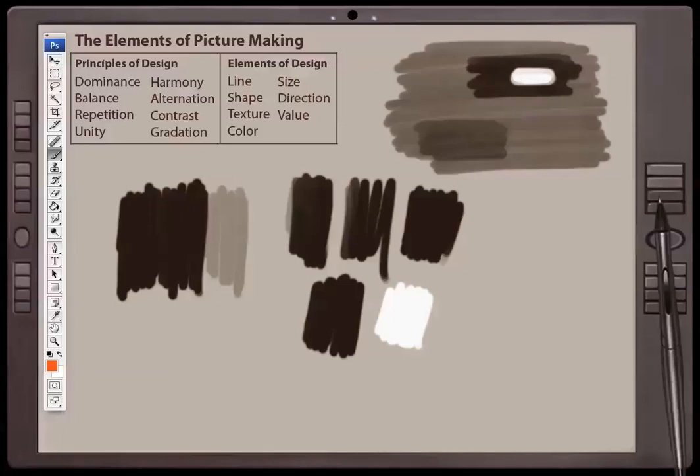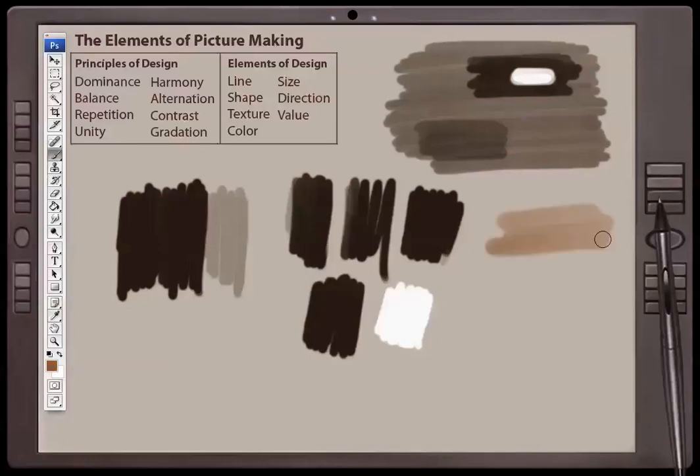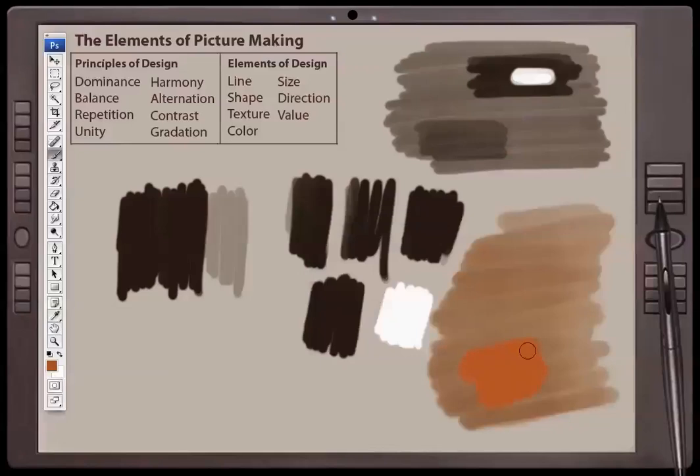Whenever you have a really strong contrast that draws your attention to it, dominance is achieved. So it doesn't necessarily need to be strong value contrasts. It can be strong color contrasts. I'll add this grayed orange color over here like that. And then I'll add an orange color that is slightly brighter like this.